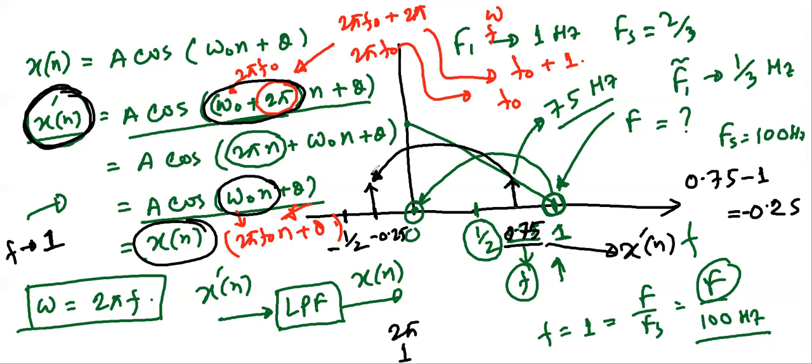Yes, sir. Okay, so it will be shifted to minus 0.25. This negative frequency is just for the mathematical representation; it must have a replica at the location of plus 0.25. So this black one is again shifted to the plus 0.25 location.